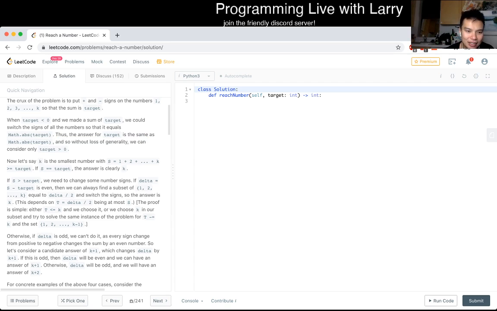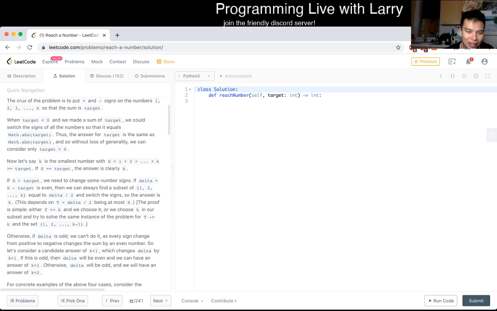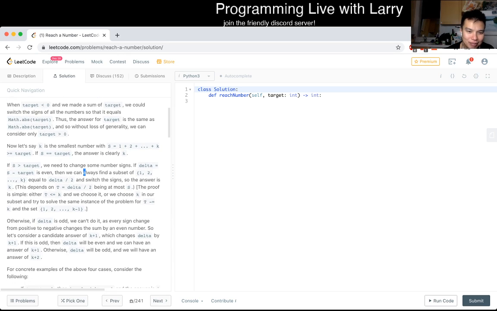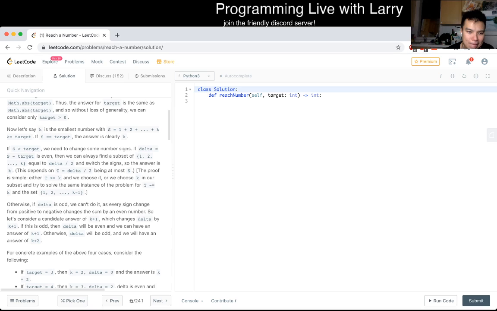Now let's say S is target. We'll change some number's sign. Oh, I see.